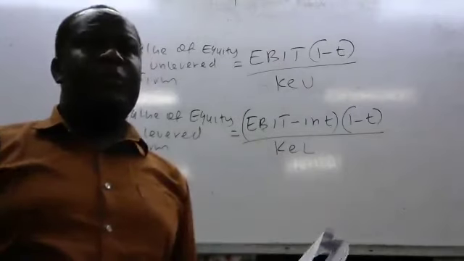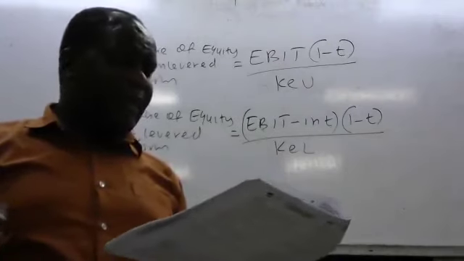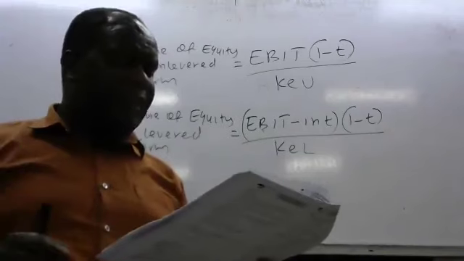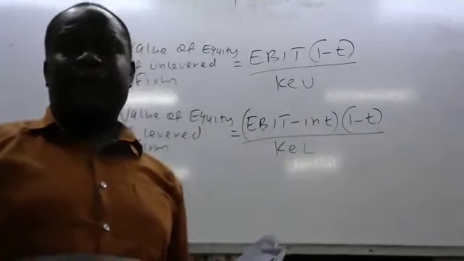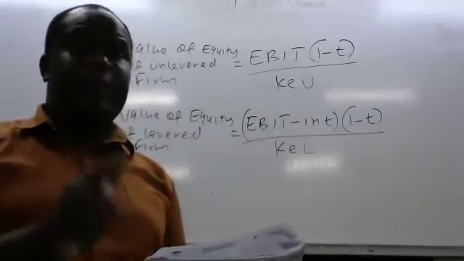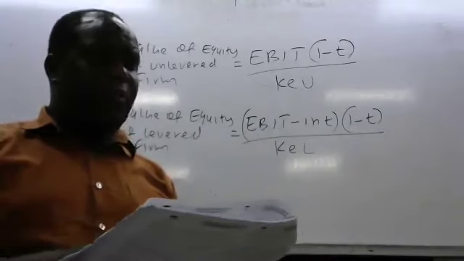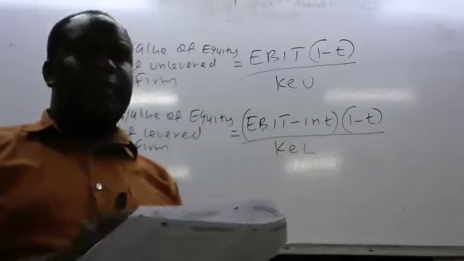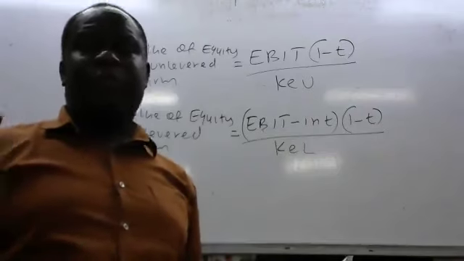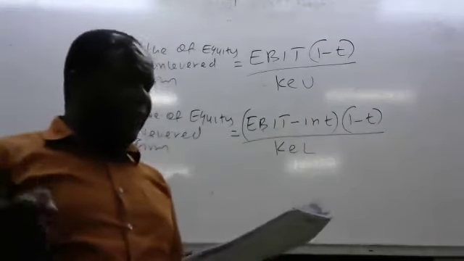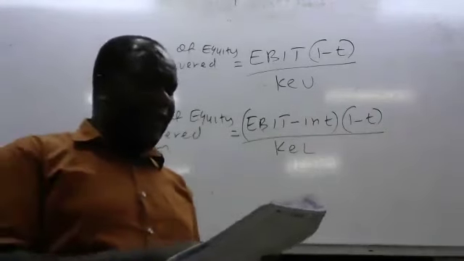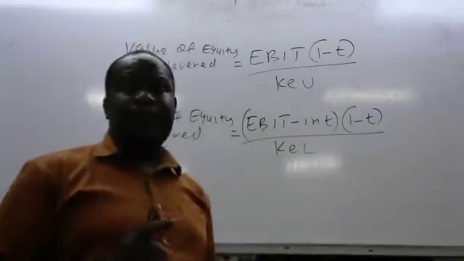They have written that the ordinary shares of the debenture is 400 per share, so that statement is not correct. The correct statement should be the market price of the ordinary share is 400 shillings per share.